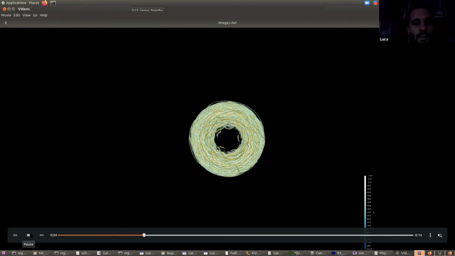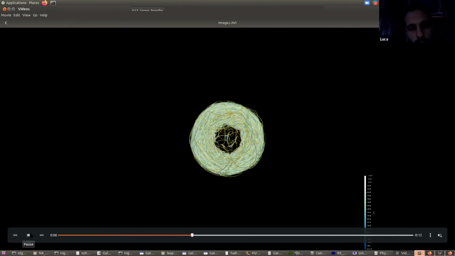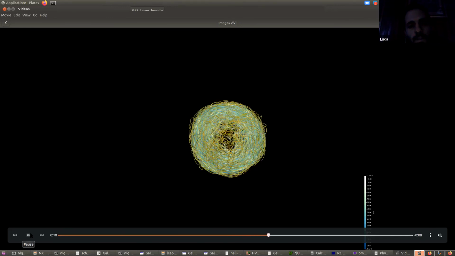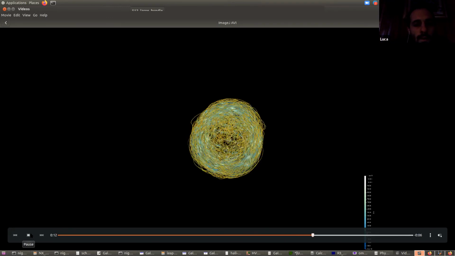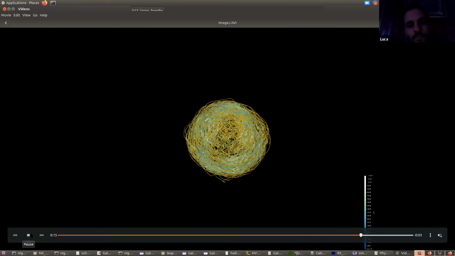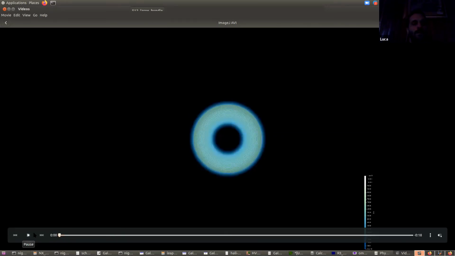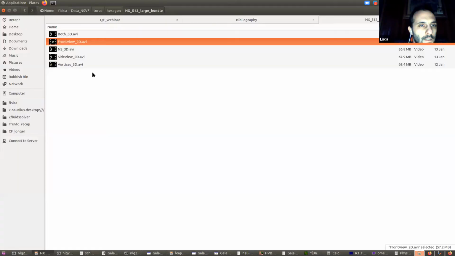In yellow you see the superfluid vortex bundles, and in blue you see the normal fluid entropy. You can see that both from the front view and from the side view, the normal fluid and superfluid vortex rings remain quite localized, and this explains, in our opinion, why Borner observed some long-lived vortices.